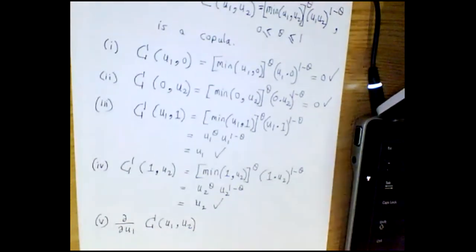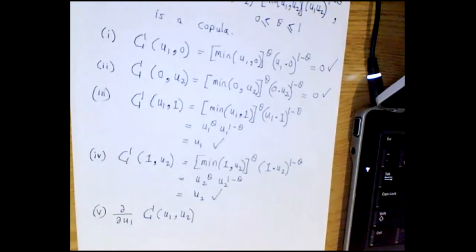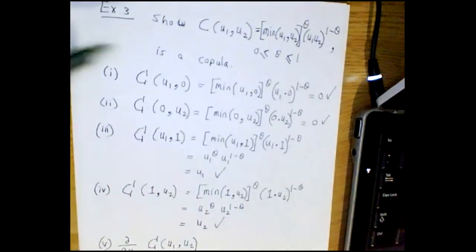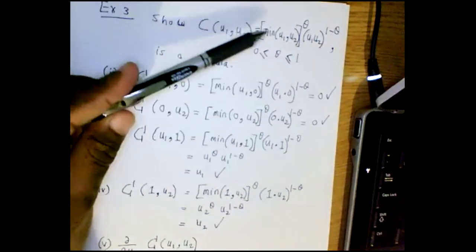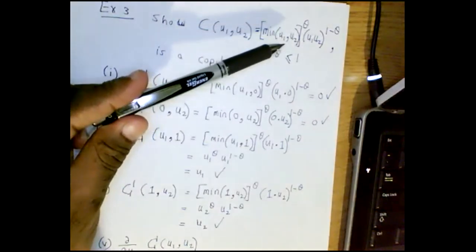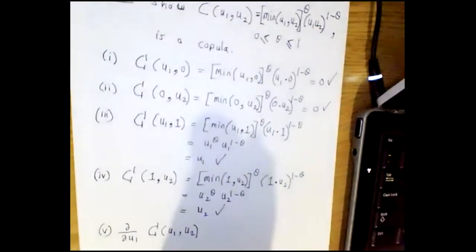All right. To find the partial derivative, you have to be a little careful here because the copula is defined differently depending on whether u1 is the minimum or u2 is the minimum, right? So you have to separate out the two cases.